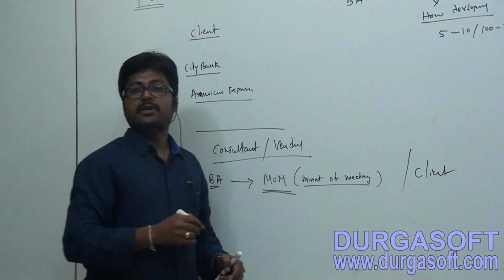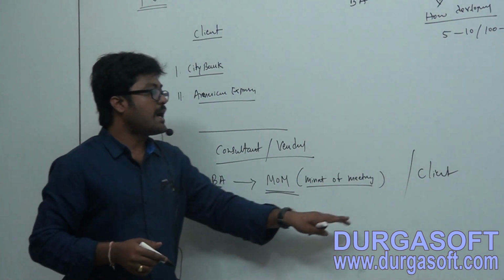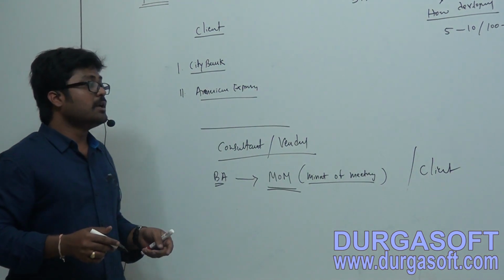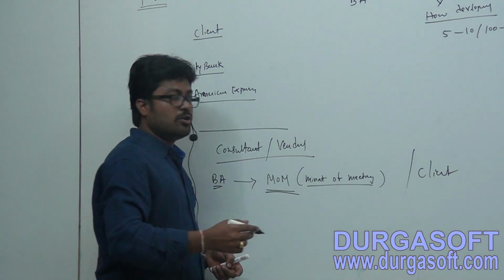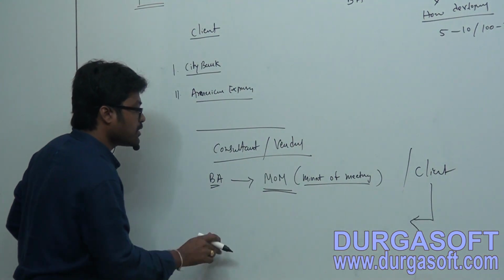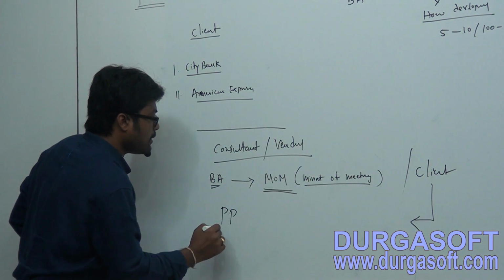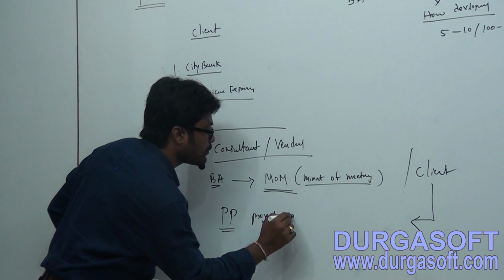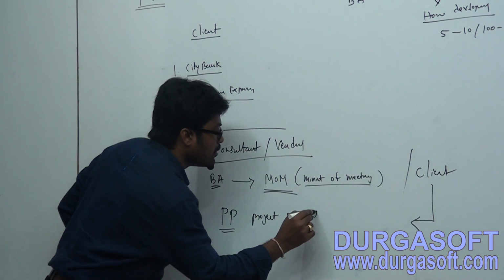If the client is satisfied with your minutes of meeting, then he will call the business analyst for the next documentation. We need to send a PP, project proposal, within 1 or 2 days.